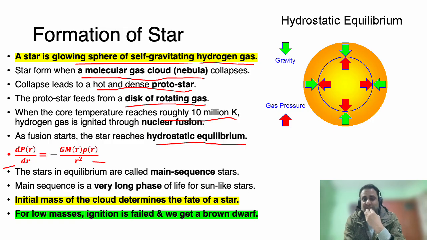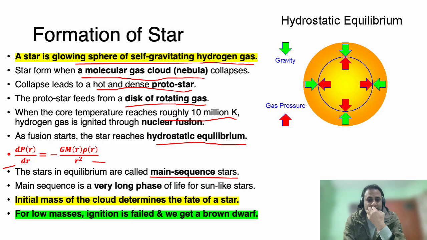Because hydrogen fusion is a very slow process, and at this time the star is a main sequence star, like our sun. So our sun is in this era. It's a very long phase, and our sun can live for a very long time because it's a main sequence star.